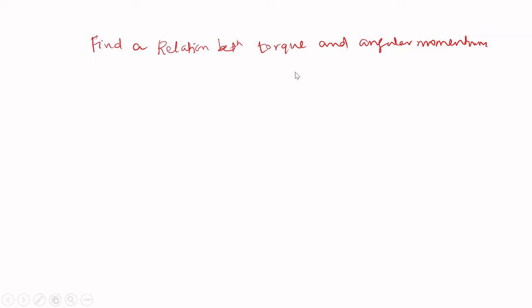So to derive the relation, we find the derivative of R cross P with respect to time. This has to be done with the product rule of differentiation because R and P both are variables here.